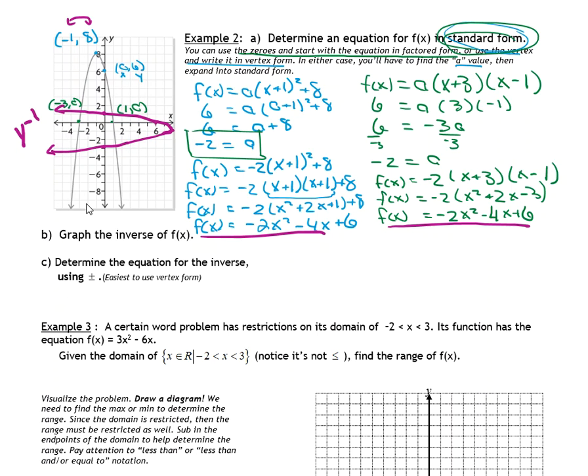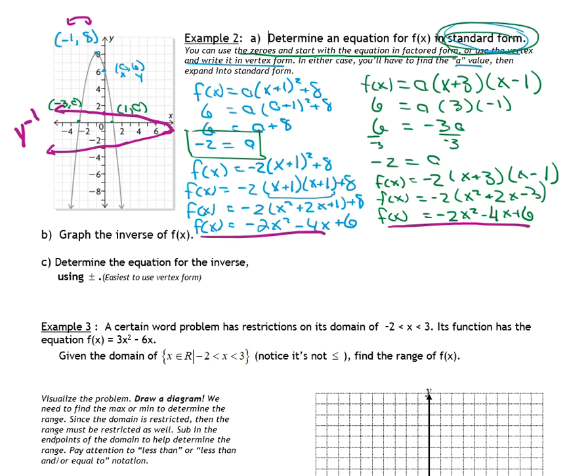And part C says, determine the equation for the inverse using a plus or minus sign. And here's something good to remember. It's easiest to use vertex form. So whenever you're doing this in your homework, if you have multiple forms to pick from, vertex form is usually the easiest one. And why is it the easiest?